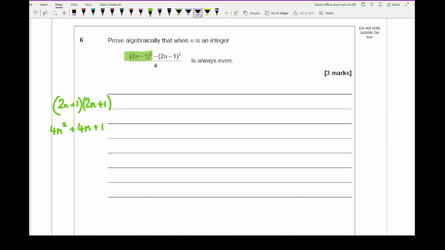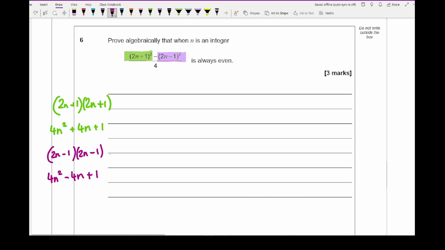Then if I expand 2n minus 1 squared, so 2n minus 1, 2n minus 1, that's going to leave me with 4n squared minus 4n plus 1.